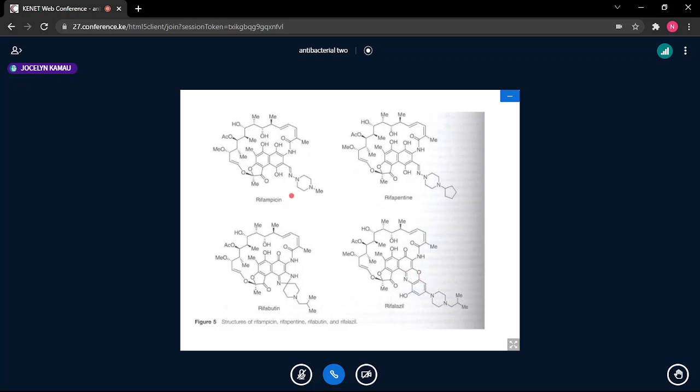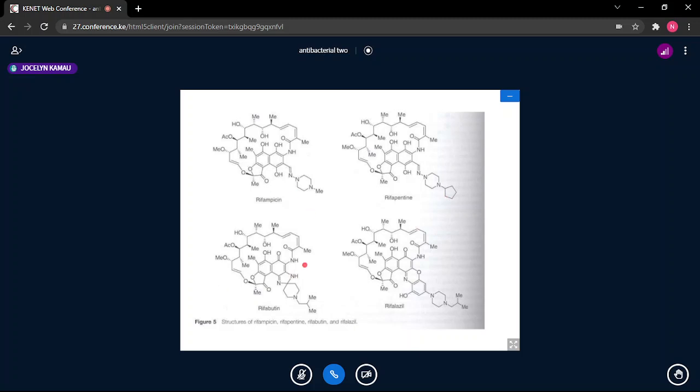So all we are trying to say is that for the rifamycins, the ones that we are having as the current drugs in the market, the main change is at position 3, 4, because we realized the naturally occurring rifamycins can have a hydroxyl group at position 1, or an oxo group or a carbonyl group at position number 1. So that's not a major change. But when you look at the substituents at position number 3, 4, that is where the major structural change occurs.